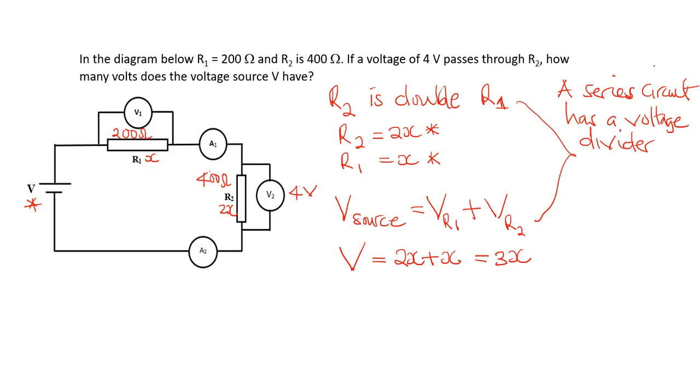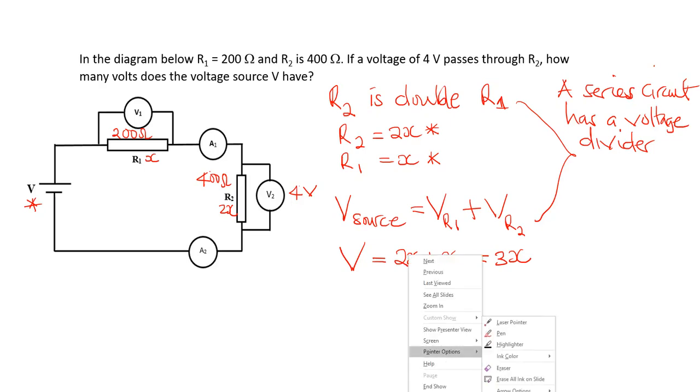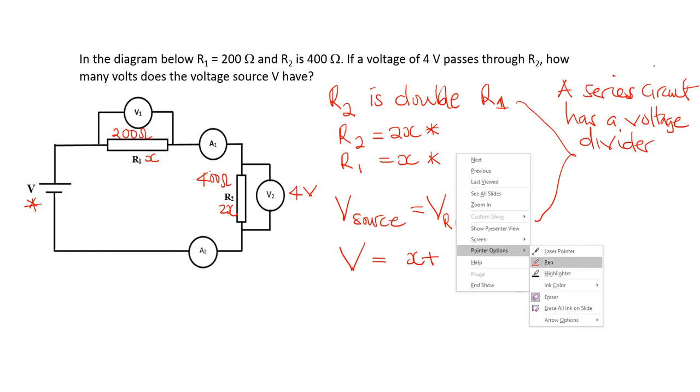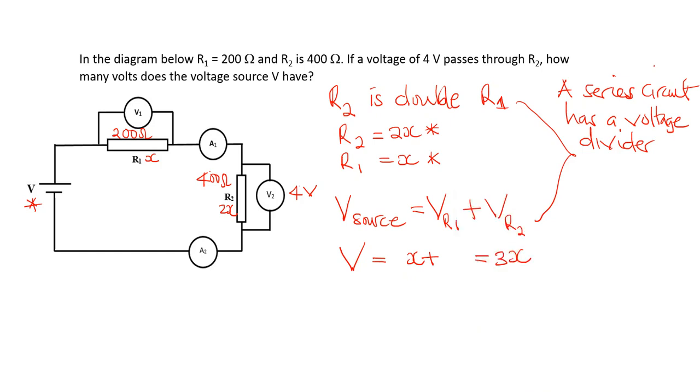So the total voltage is 3x, but the voltage for R2 is 2x. Let me just make a change a little bit here. So the voltage for R1 is x, the voltage for R2 is 2x, and the total is 3x.